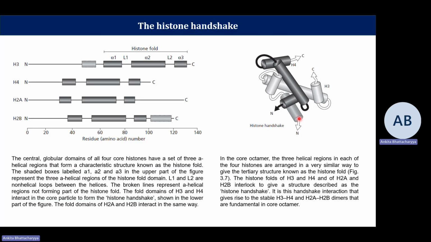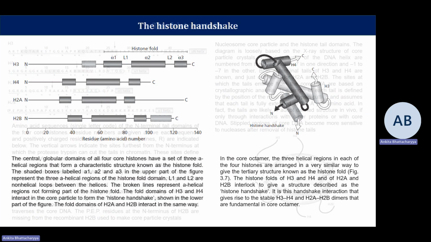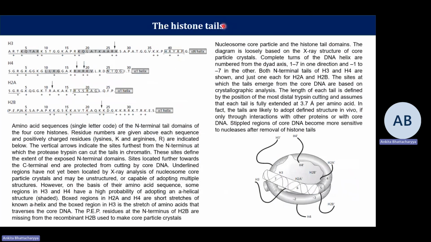Two different histones form a handshake between each other, where the three helical regions are arranged in a manner which gives rise to the histone fold, like we just saw. So the H3-H4 dimer and the H2A-H2B dimer of dimers interlock to give this structure, and it gives rise to the stable core octamer that we eventually see.